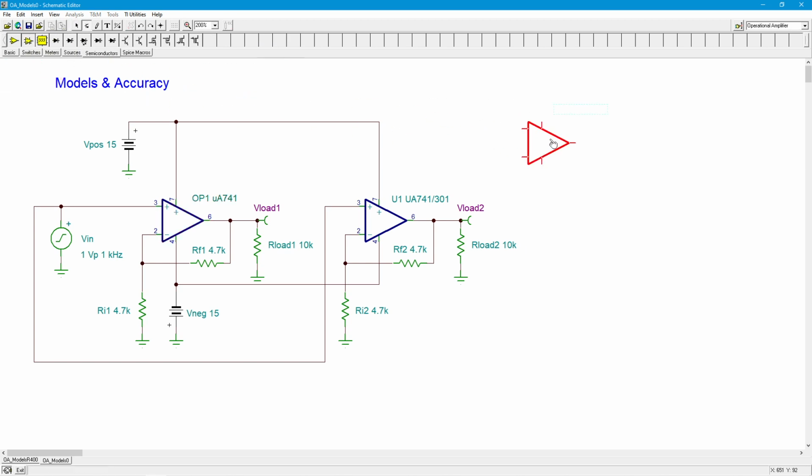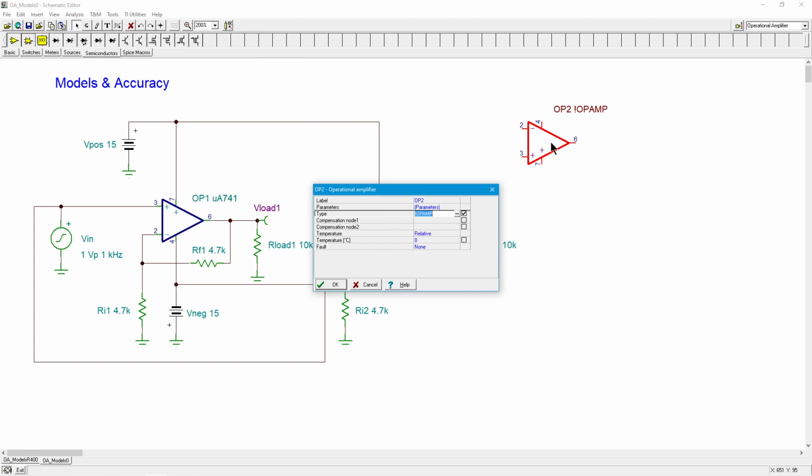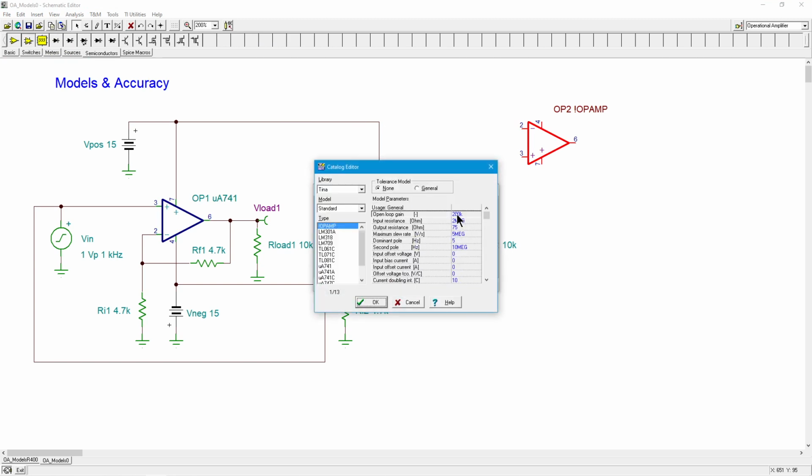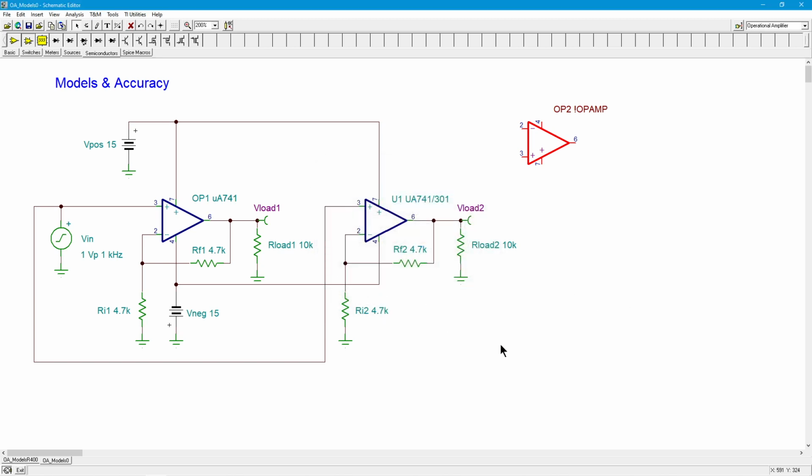So I'm just going to grab this and throw this down, where you can come in here and then decide which op amp do I want, right? In this case, I just happen to choose the 741 right here, right? And you can see there's a whole bunch of parameters for that particular model. Now the other one, this one, was grabbed through the SPICE macros, all right?